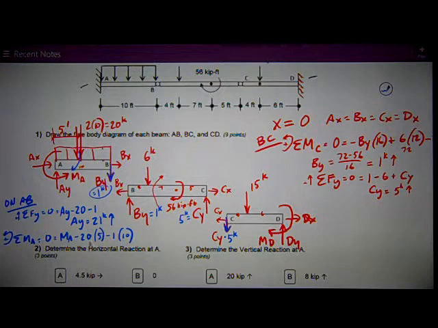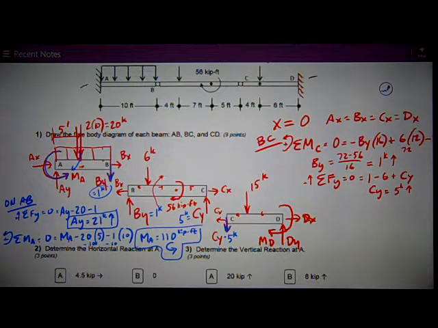Therefore, this is negative 100, and negative 10. That makes MA equal to positive 110. Positive means what I assumed is correct. Kip feet. I assumed counterclockwise, so that makes that answer counterclockwise for rotation. AY was 21 kips up.